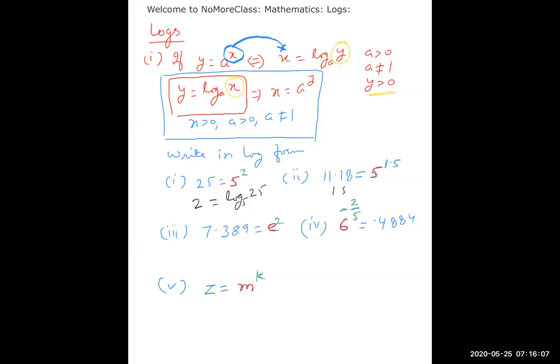So 1.5 is equal to log 11.18, or 2 is equal to log of 7.389 to the base e, and here minus 2 upon 5 is equal to log of 0.4884, base is 6, and here we can write k is equal to log z to the base m. Any doubt you can ask me in this?